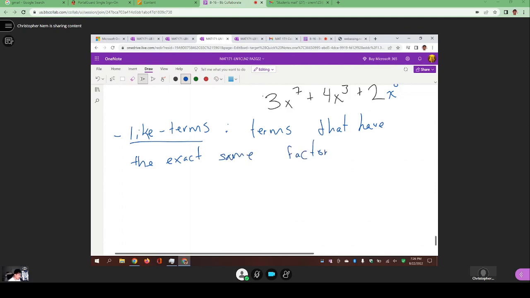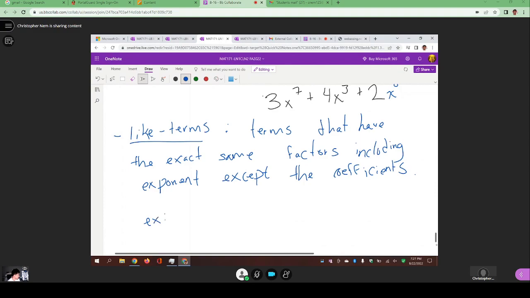It has to be exactly the same factors, including exponent. Except there's only one exception, and that's the coefficient. Your coefficient can differ. So the constant can differ, but your variables and your exponent should not.